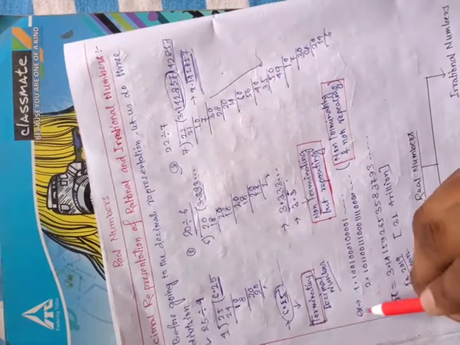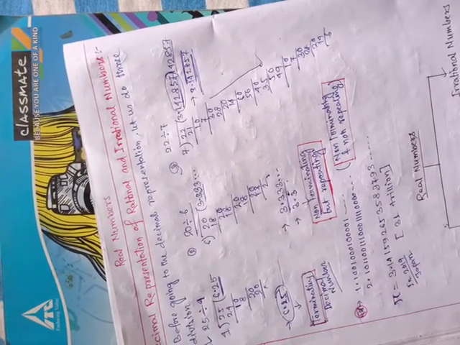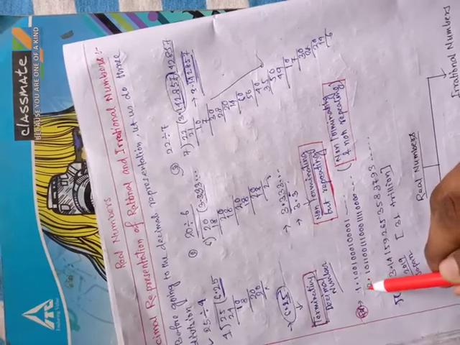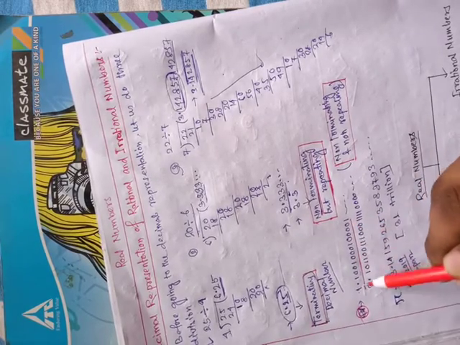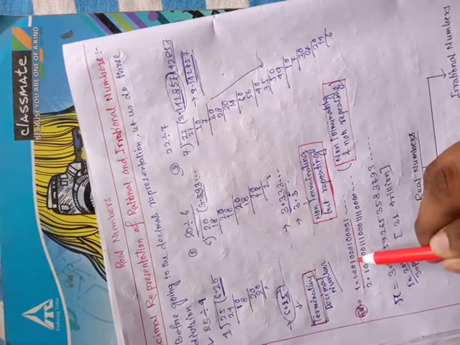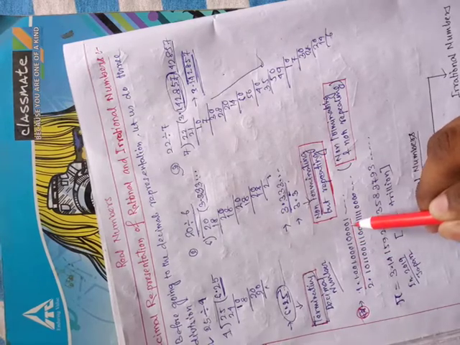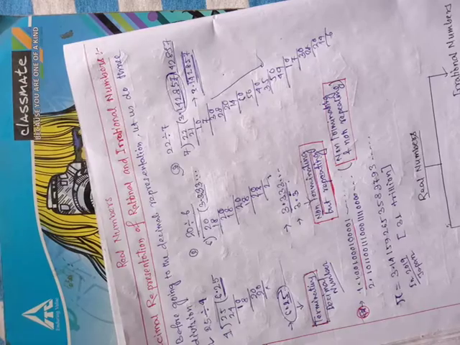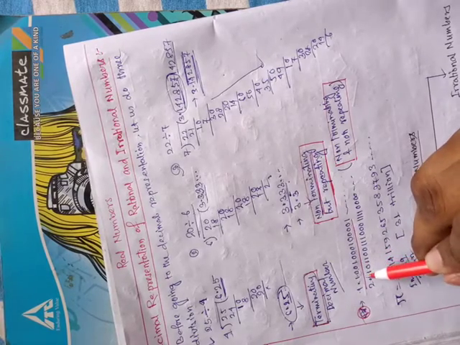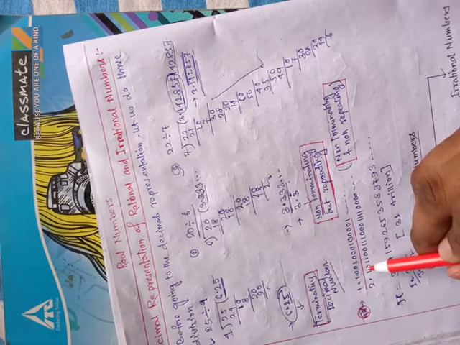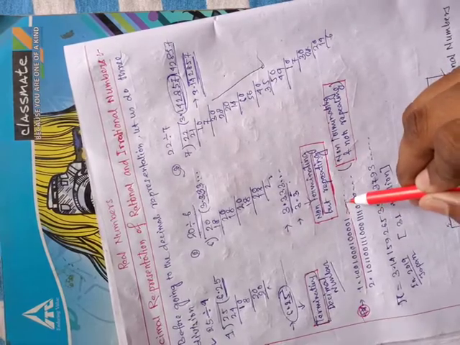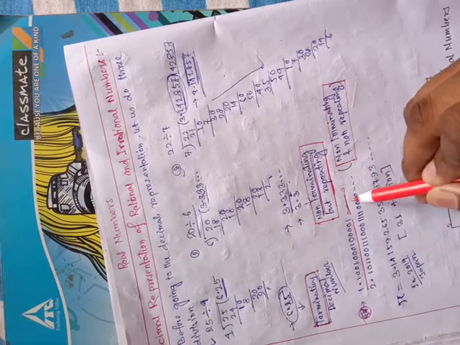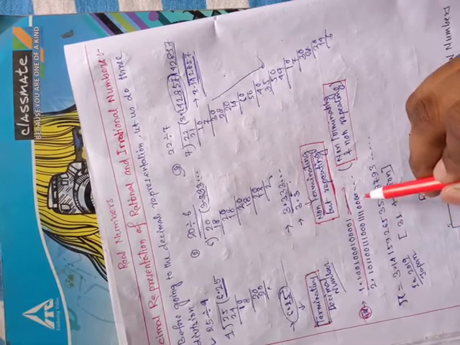I am giving another example of a decimal representation of this type: 1.101001000100001, and so on, continuously going on. This expression is also non-terminating, because there are so many digits after 1.